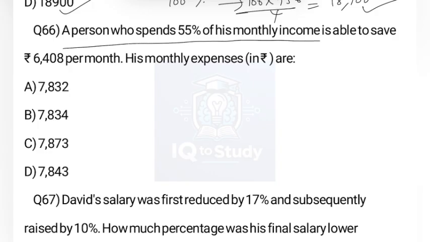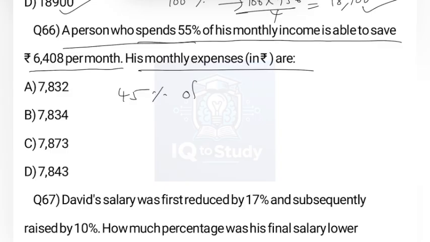A person who spends 55% of his monthly income is able to save 6,408 rupees per month. His monthly expenses are? If he spends 55%, then the remaining is 45%. So 45% of income is savings, equal to 6,408.